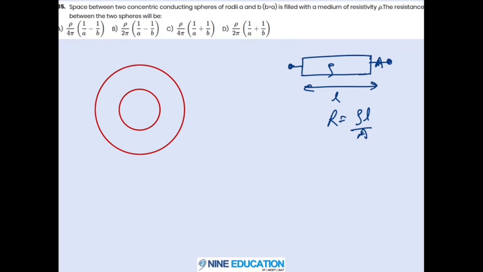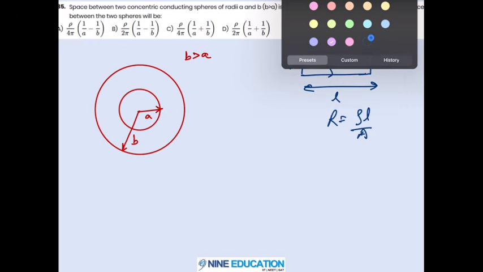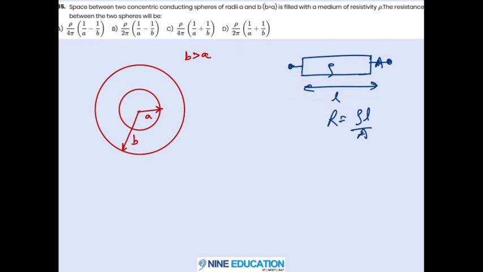The radius of this is A. The radius of this is B. B is greater than A. And this inside part is filled with a medium of resistivity rho.